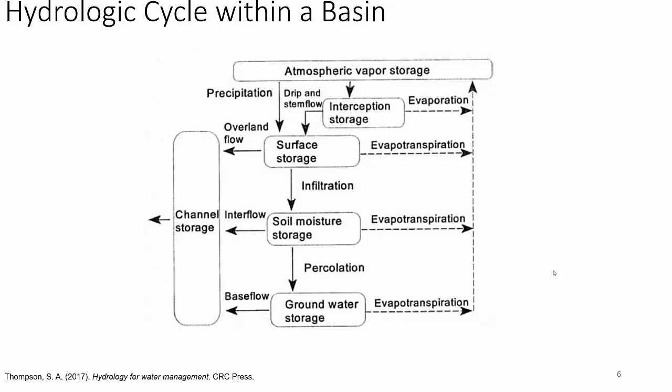Water on the surface that exceeds storage capacity becomes overland flow. Infiltration goes into soil moisture where it's stored, and it can be evapotranspired through plants, or it can percolate on down to groundwater. Interflow is that subsurface flow that is not quite groundwater, flowing to channel storage and flow, or base flow, which is groundwater, which often flows to channels as well, or reservoirs, or the ocean.